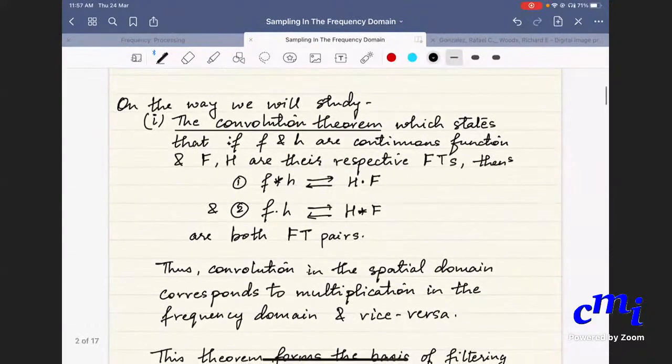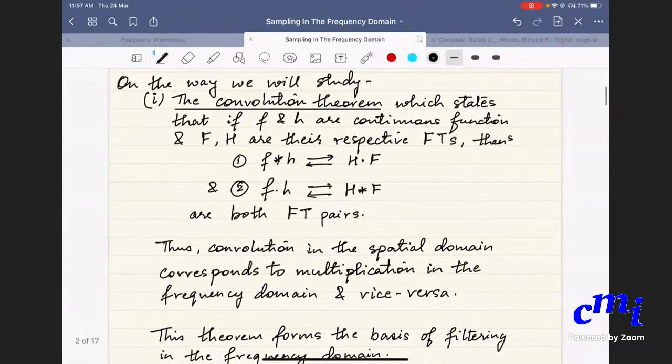So on the way to understanding this function recovery or function reconstruction, we will look at what is called the convolution theorem, which forms the basis of signal processing. Since an image is a signal, it also forms the cornerstone of frequency domain processing for us.